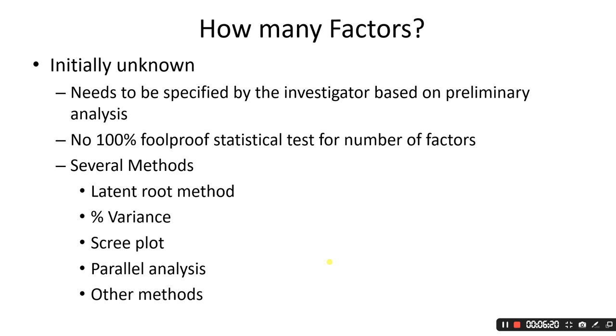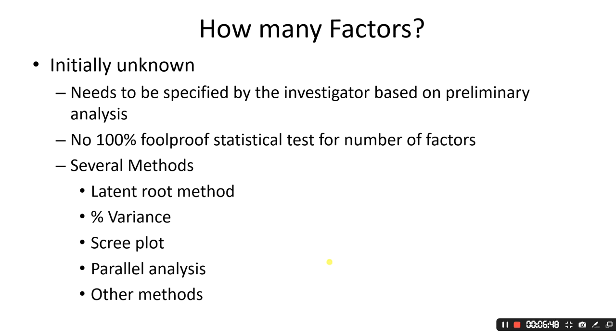Another method is the percent variance method. We extract as many factors as are required to explain a predefined percentage of the total variance. But this method is also not very good. How to decide what amount of variance should be explained?